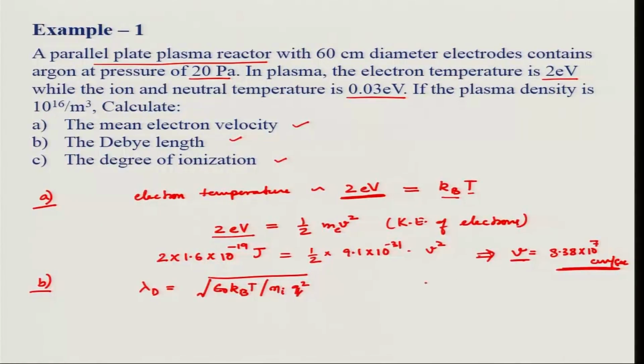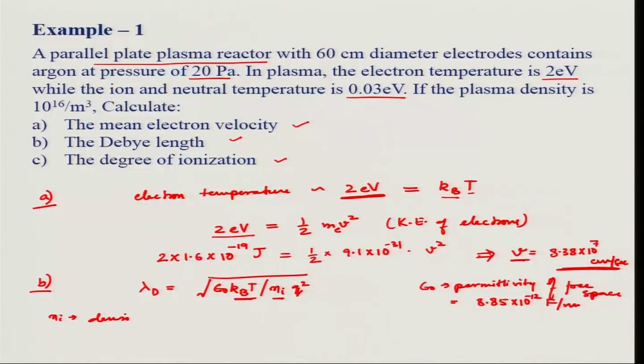Where epsilon 0 is the permittivity of free space, equal to 8.85 times 10 to the power minus 12 farad per meter. kBT, again it is reported as temperature, but it is the energy, and Ni is the density of ions in plasma, which is also equal to the plasma density.